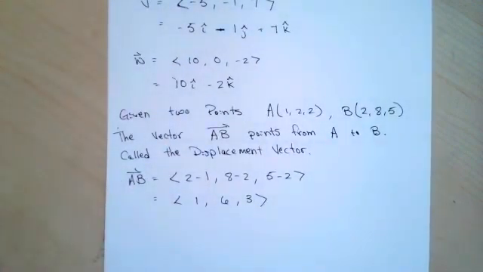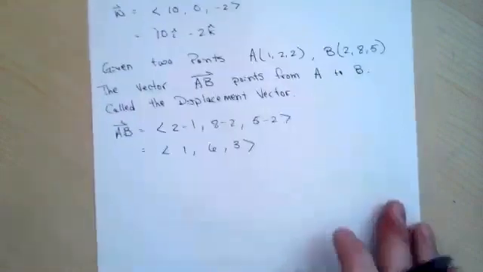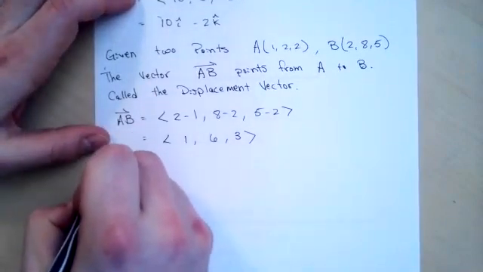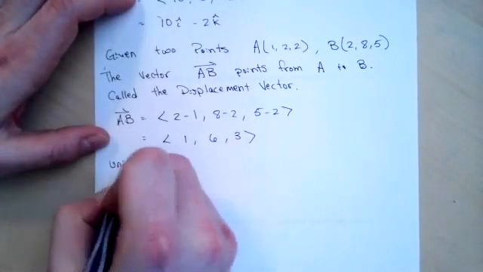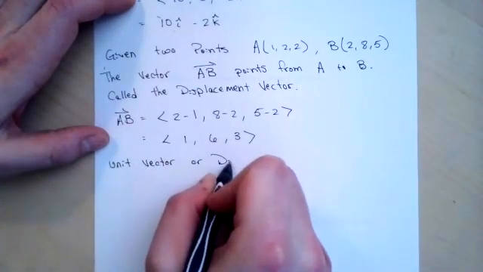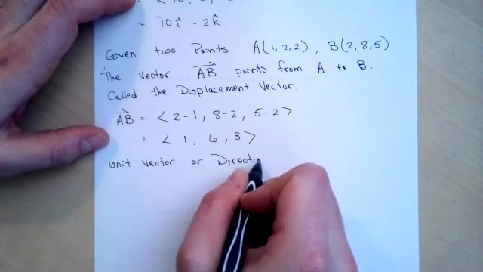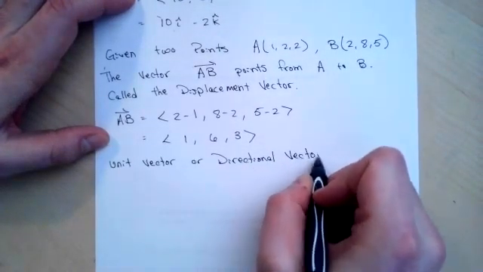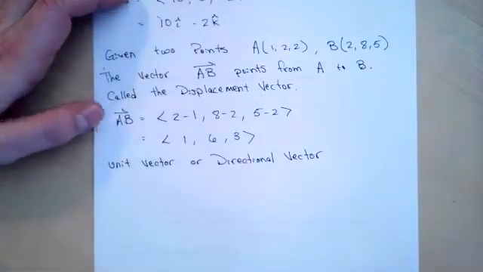If we had a problem that says find the unit vector from A to B, we simply divide by the magnitude. So given any vector, we can do this.